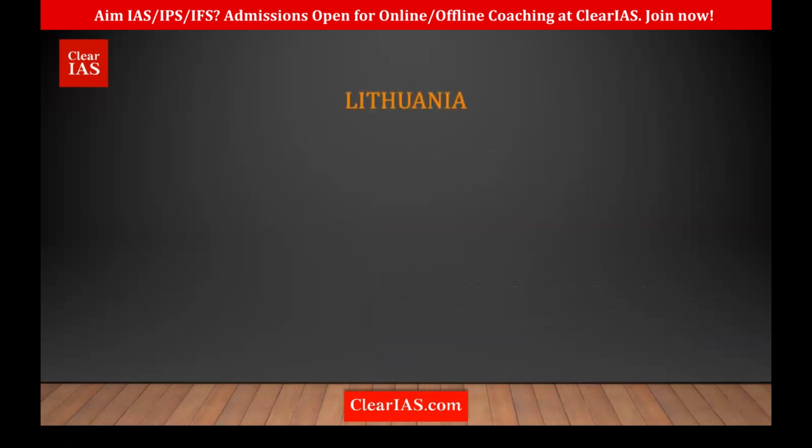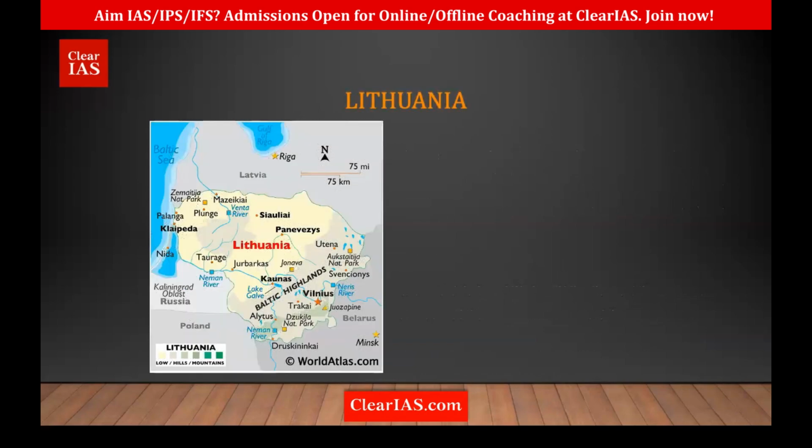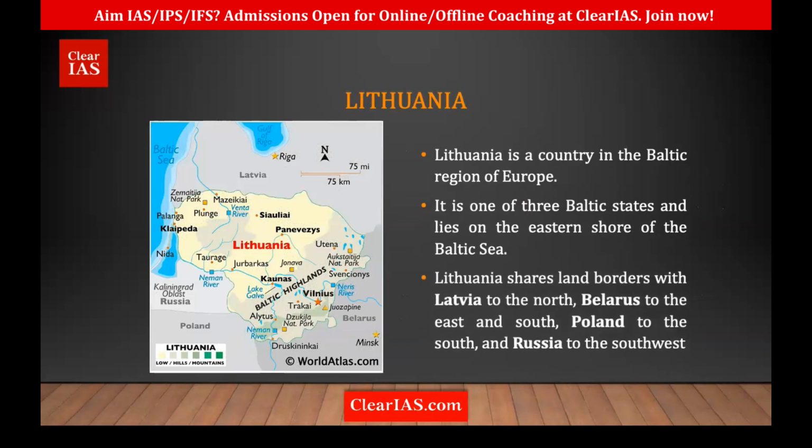Then there is Lithuania. It is one of the Baltic states of Europe. Which are the other two Baltic states? There are three Baltic states: Latvia, Lithuania, and Estonia. On one side there is the Baltic Sea, and on top we have Latvia. On the side we have Belarus.